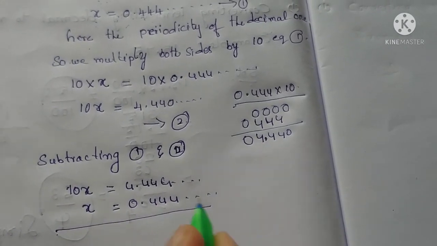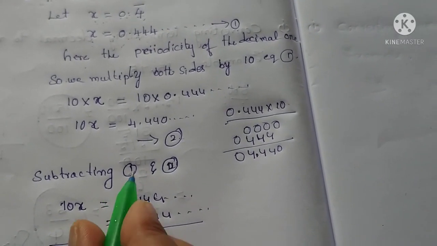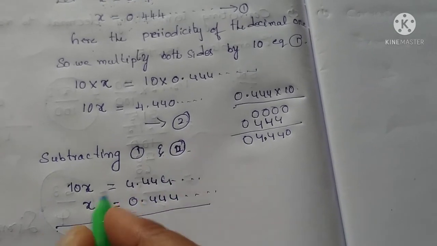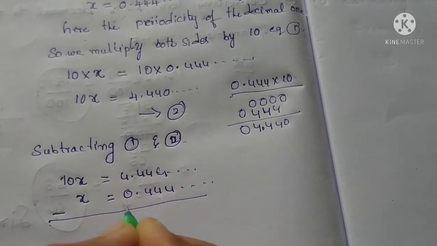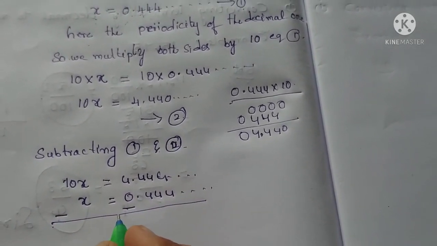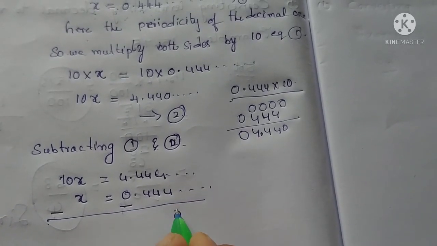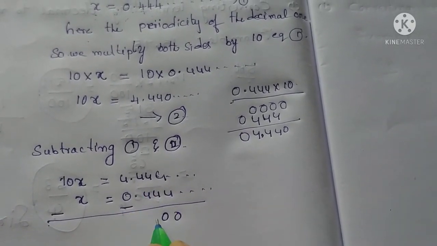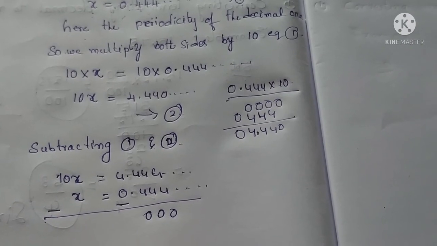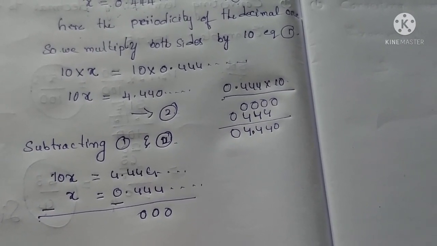So subtracting equation 1 from 2. So here subtraction is minus, keep the minus. Okay. So 4 minus 4, 0. 4 minus 4, 0. 4 minus 4, 0.